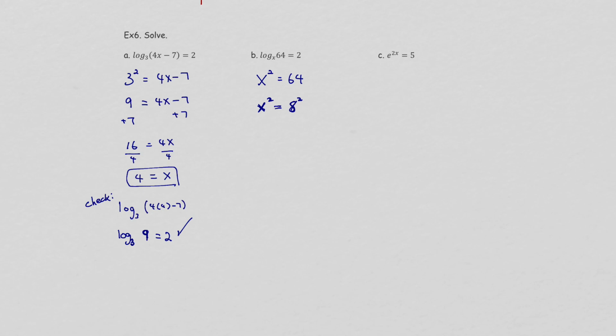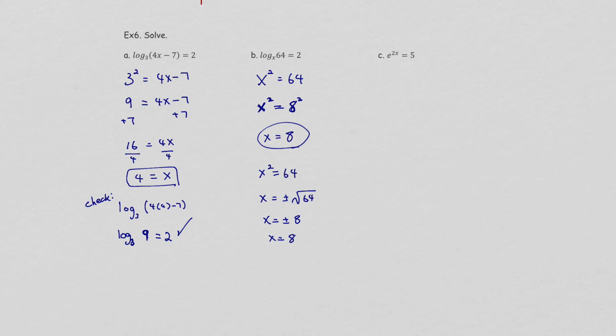Then they're equal to each other, so you know x has to be 8. You can also use x squared equals 64 and the square root property, which gives plus or minus 8, but you cannot use the negative. So x should be equal to 8. So that's another way of doing it.